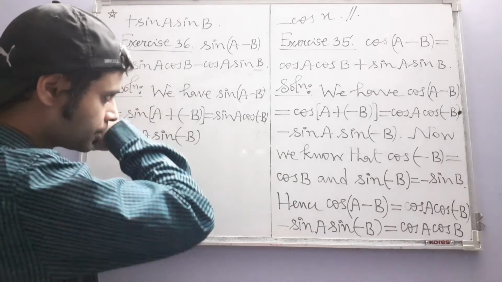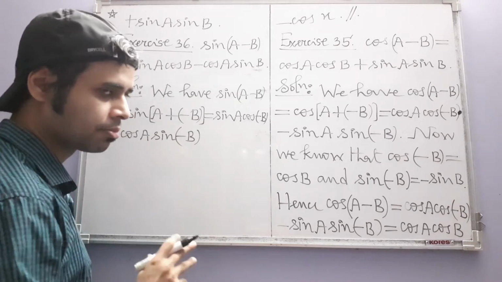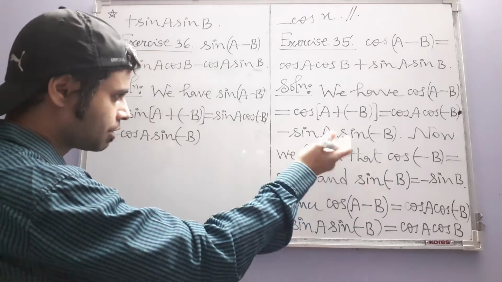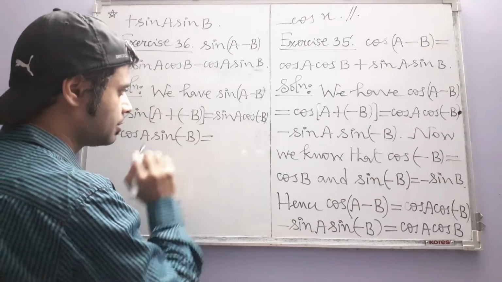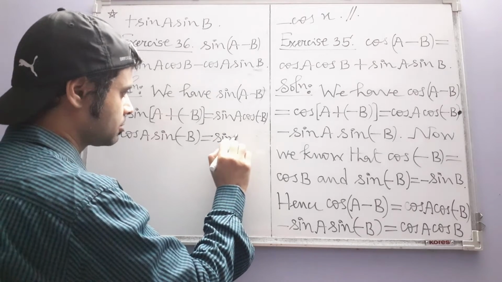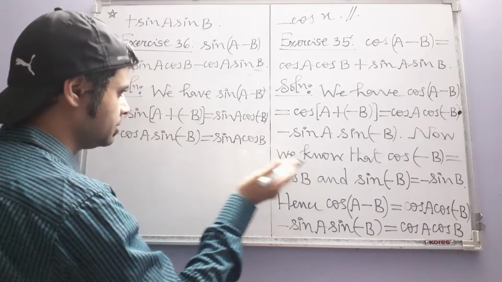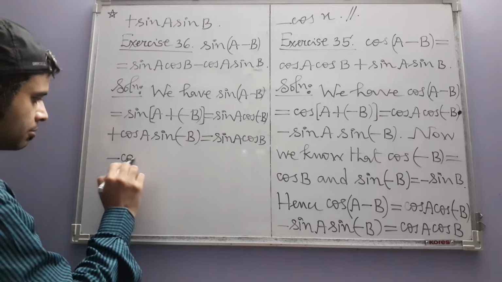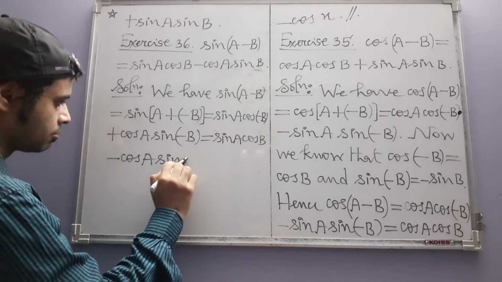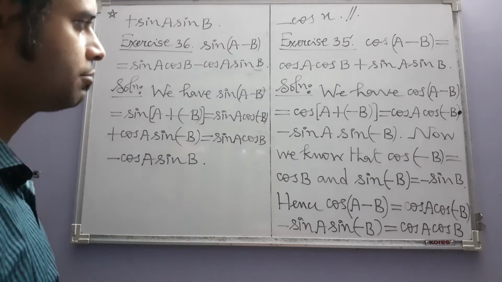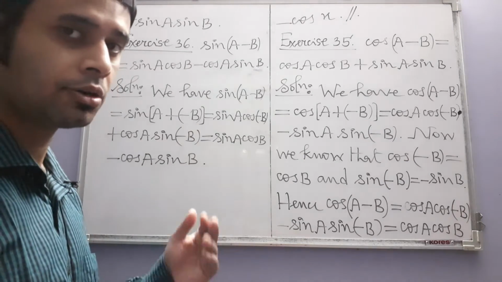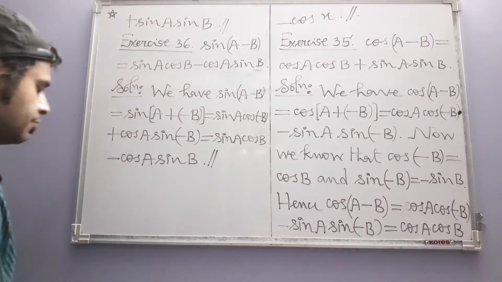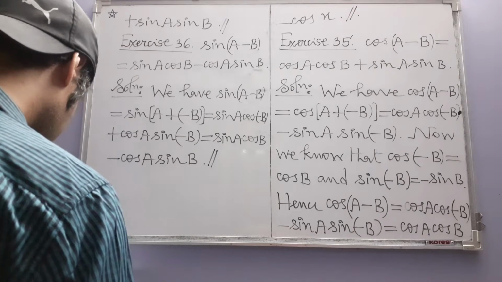However, because we are going through a sequence of problems in this exercise set, we can just simply use whatever we have written here and directly write sine A cos B, because cos minus B is cos B, and minus sine minus B is minus sine B. Yeah, so now we have the formulas for cos(A minus B) and sine(A minus B) officially. Okay. Next.